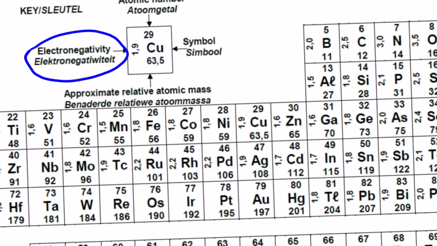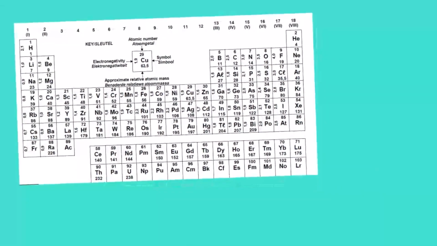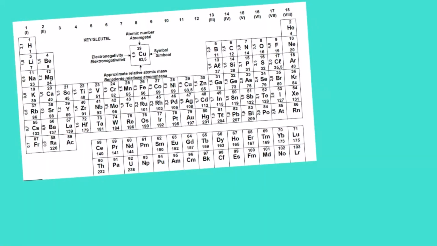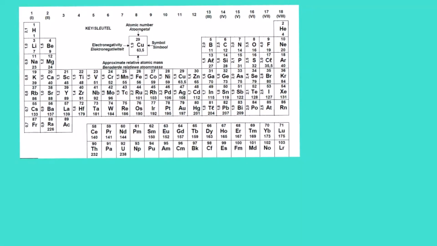So you can see the electronegativity is this number here. And then at the bottom we have what we call the relative atomic mass. So don't get confused when I say atomic number, electronegativity, or relative atomic mass. Today's lesson we are going to look at relative atomic mass.